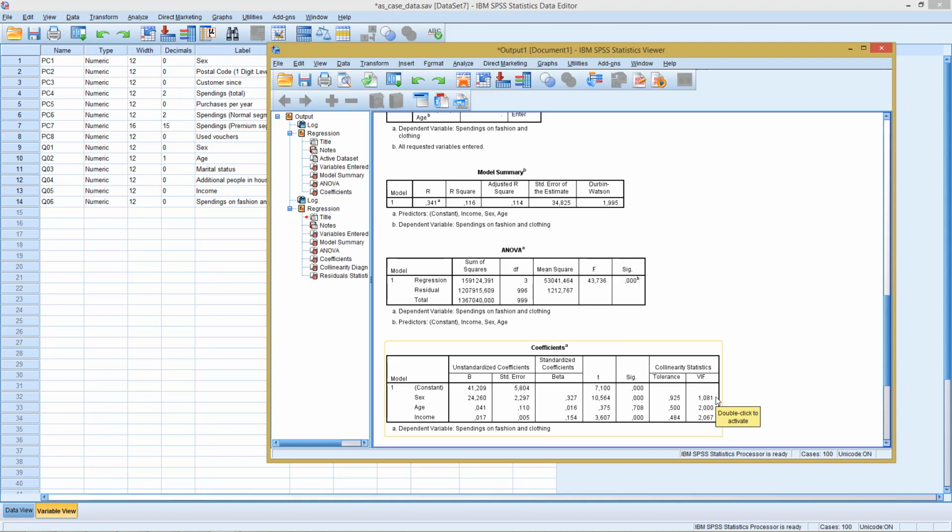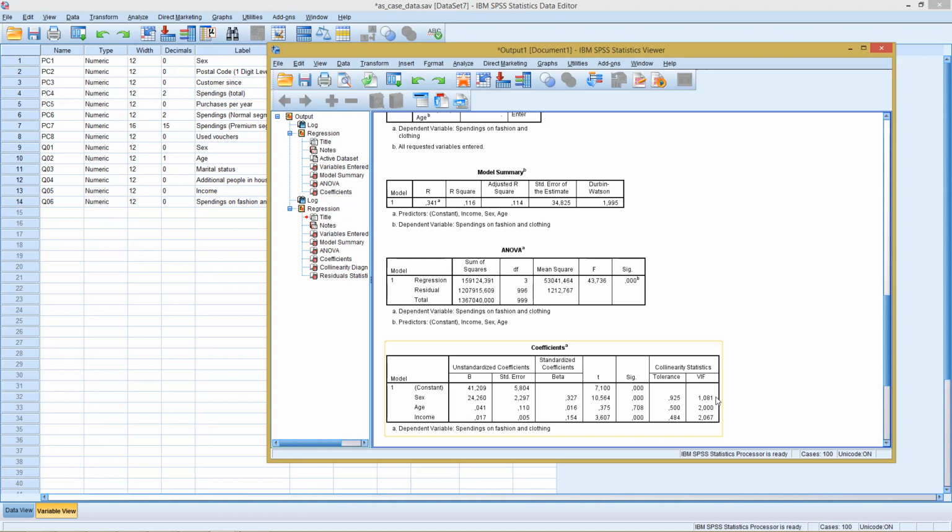We have a critical value for the VIFs of 10. If you get a VIF larger than 10, you should directly omit this variable from your regression analysis. The same applies for tolerance: if the tolerance is less than 0.1, erase it from your model.